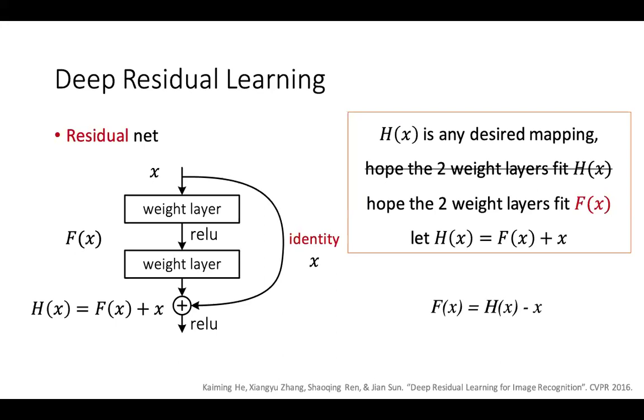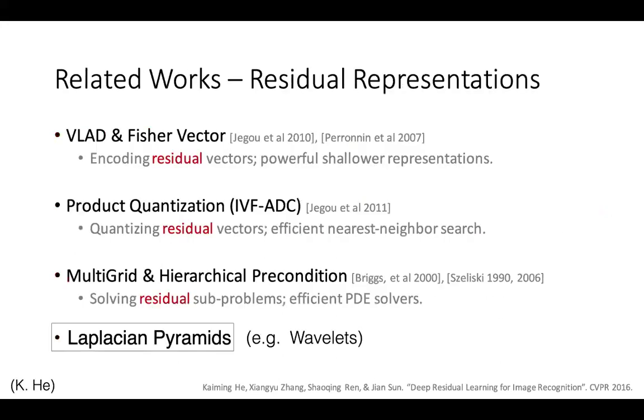And from that insight, to put this skip connection, they devised the architecture of the network. And we can notice, in hindsight, that having a residual network is related to a powerful concept, residual representation, in mathematics and in computer science.